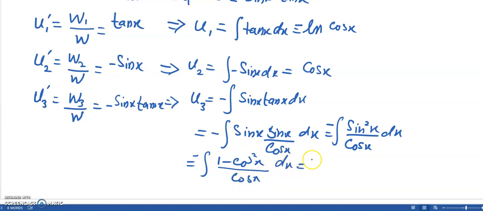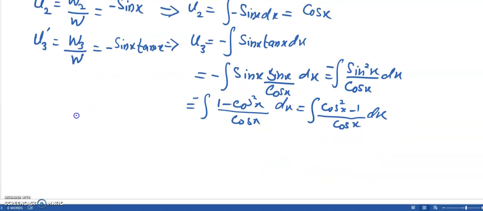It can also be written as cosine square x minus 1 over cosine of x dx, because I bring the minus 1 inside, and then it can be written as cosine x minus secant x.